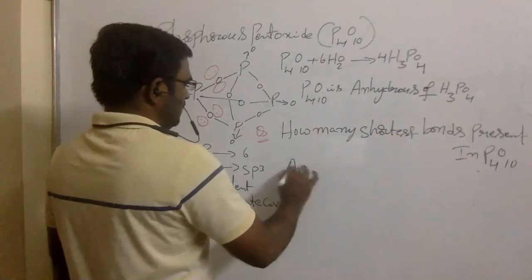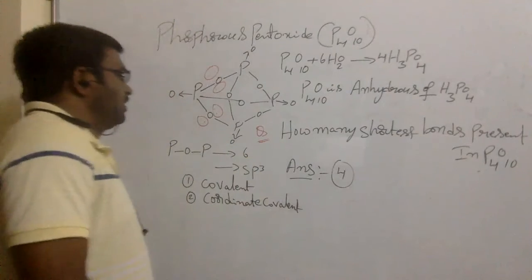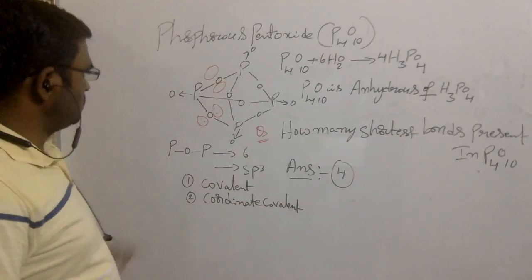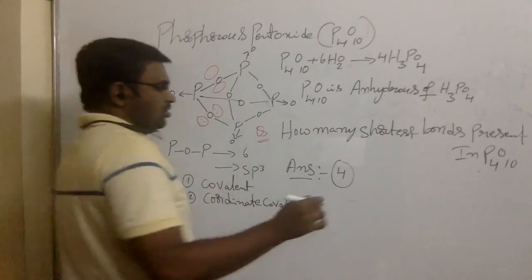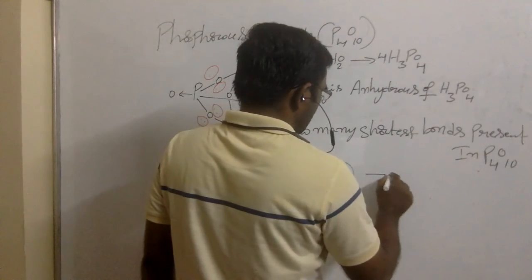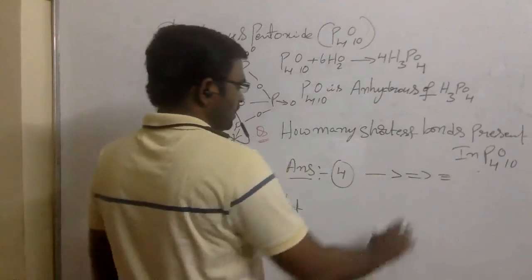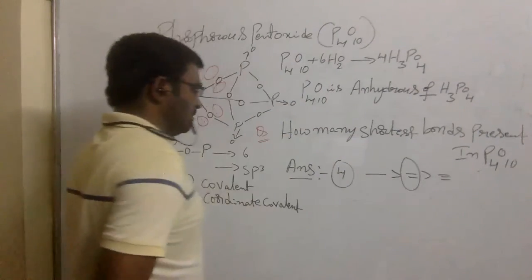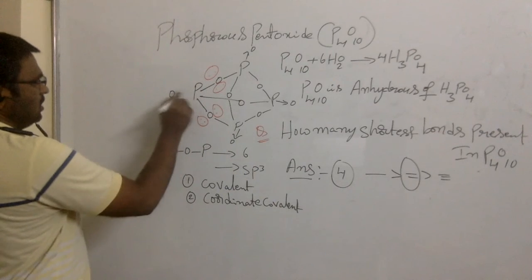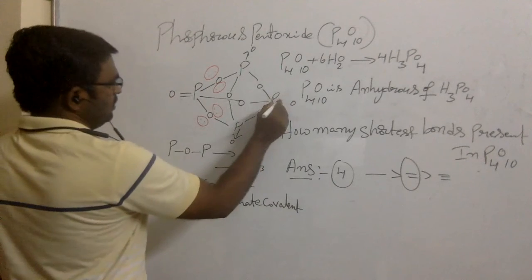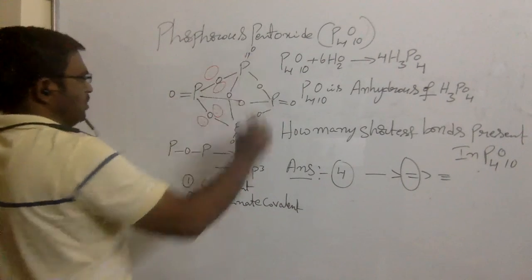Here the answer is 4. The remaining all are covalent bonds, but these 4 are coordinate covalent bonds with double bond character. Generally, single bond length is more than double bond length, which is more than triple bond length. Here 4 bonds are double bonds, so the double bonds are the shortest bonds. These 4 are double bonds, or coordinate covalent bonds with double bond character, so these 4 are the shortest bonds.